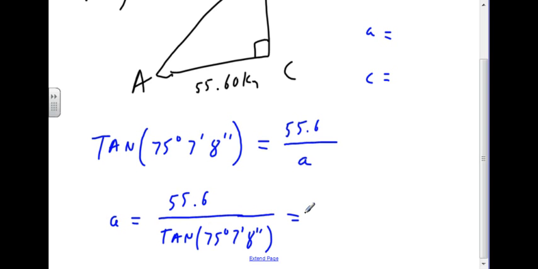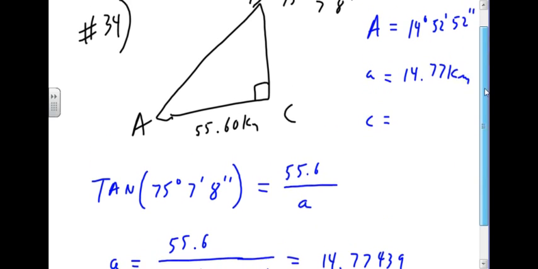Hit the math button, degree, minutes, seconds, put in the degrees, 75. Math, move over to degrees, minutes, seconds, go down to 2, put in the 7. Math, move over to degree, minutes, seconds, go to 3, close parentheses, enter. 14.77439. We want this to 4 significant digits, so we'll make it 14.77 kilometers.